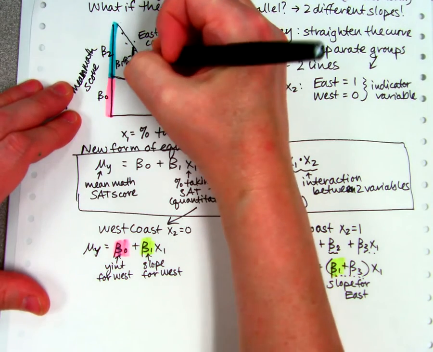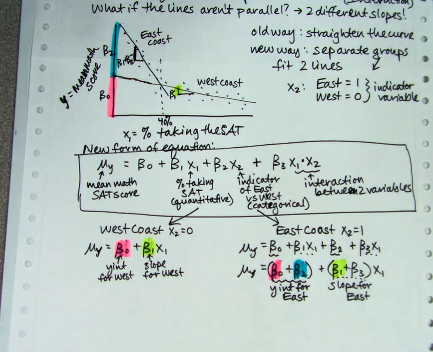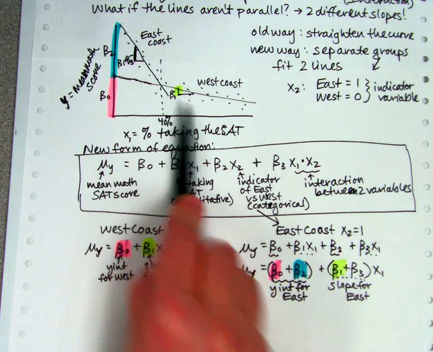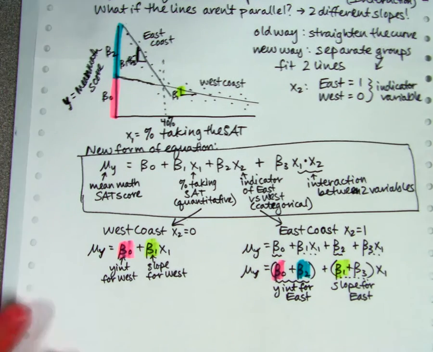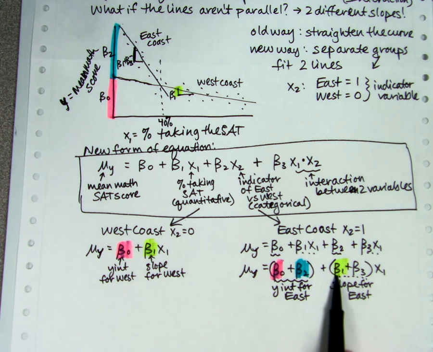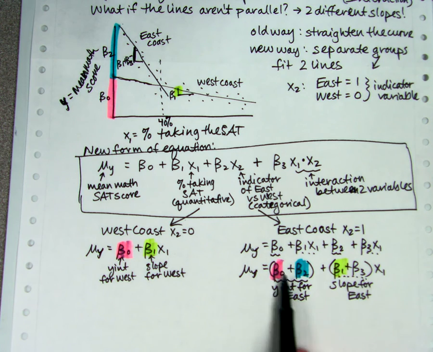Okay? So I can tell that it's negative. I can tell that it's more negative than just beta 1, which means beta 1 and beta 3 would both be negative numbers in the computer output. Beta 1 shows that the slope is negative, and then when you change the slope for East Coast, it becomes even more negative. These would both be negative numbers.